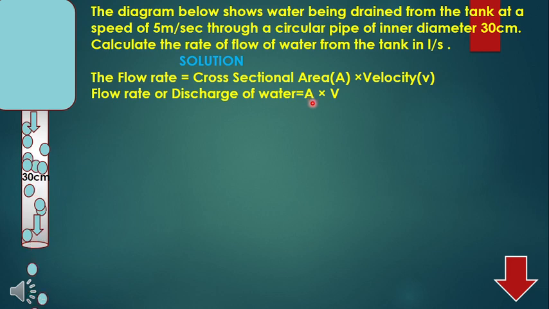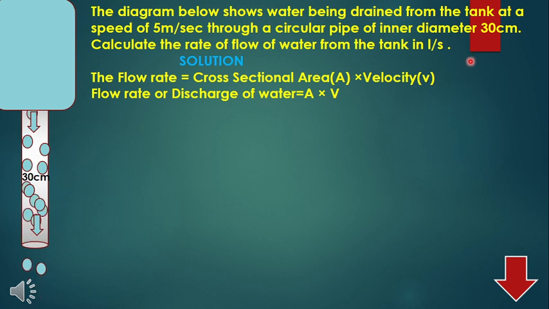The velocity, of course, we have been given. I also want you to take note of the units of measure that we have. We have 5 meters per second, and the inner diameter is given in centimeters. You can't deal with calculations in different units of measure, so you would decide to change either centimeters to meters or meters to centimeters so that you have a balance of units.